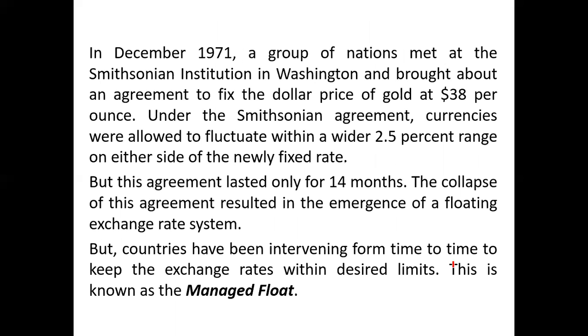In December 1971, a group of nations met at the Smithsonian Institution in Washington and brought about an agreement to fix the dollar price of gold at $38 per ounce. So there was an attempt again on the part of the Group of Ten countries.